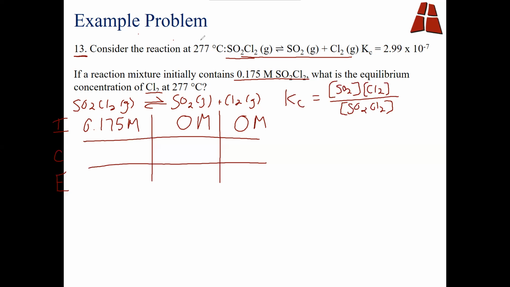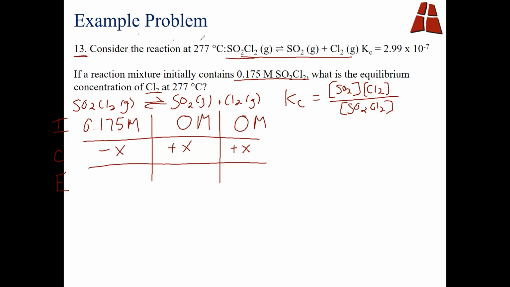Since we don't know anything about our concentrations at equilibrium, the next thing I'm going to fill out is actually our change. And so we know that since we're starting with just reactants, we're going to lose reactant. And so that's going to be minus x. And because we have a 1-to-1-to-1 stoichiometry, we know that for every mole of our reactant we dissociate, we're going to get 1 mole of each of our products.